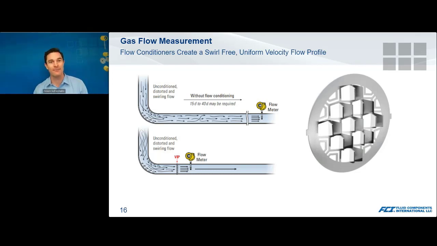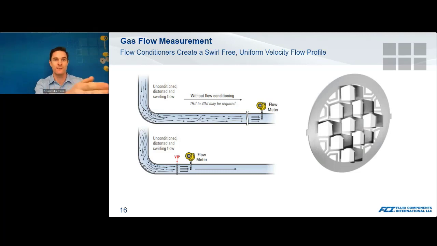Now, you won't have that ideal bullet-shaped parabola, but the flow will be uniform. It won't have the swirls, and meters calibrated with the flow conditioner will be capable of making a much more accurate measurement in those less than ideal conditions.